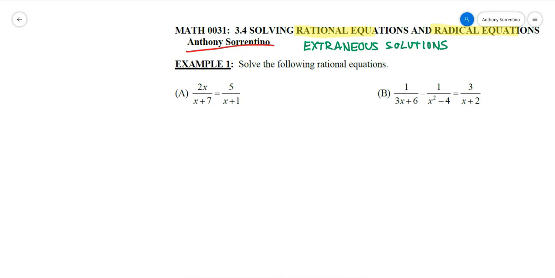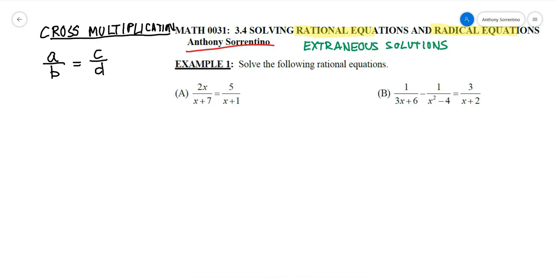When we solve rational equations, the primary principle that we're going to be using is a procedure known as cross multiplication. I mentioned this also before in a previous lesson. But when I'm using cross multiplication with rational equations, which basically means if I have an equation where I have a fraction equal to another fraction, that's important.